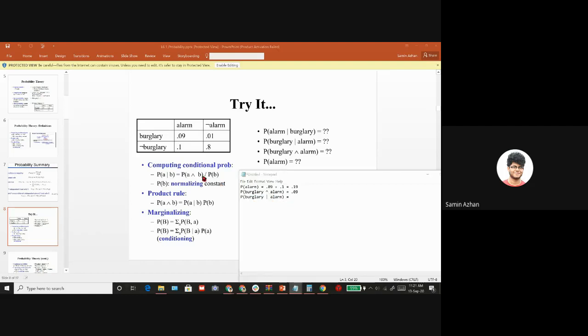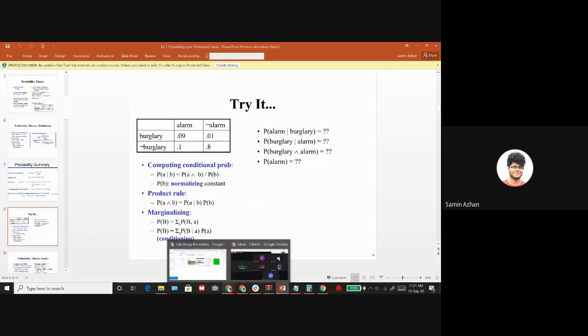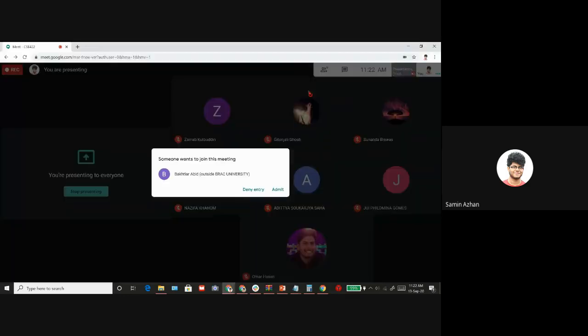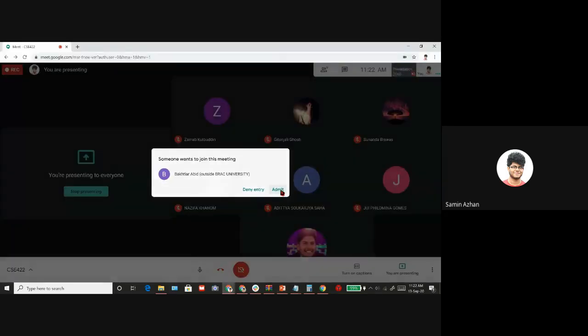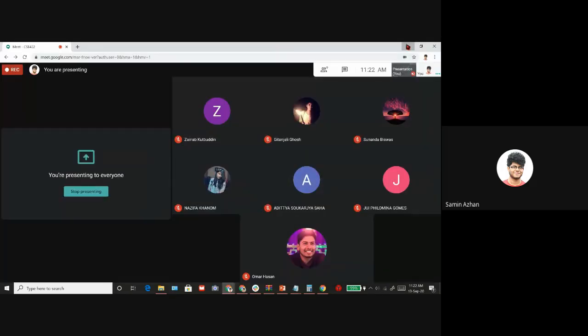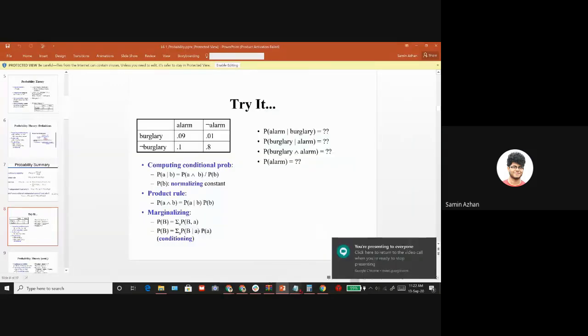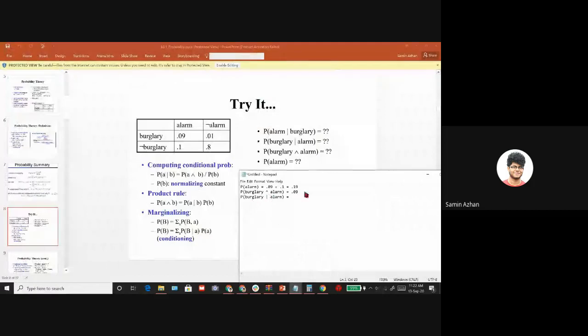The first thing I need to do is calculate the probability of burglary and alarm. We did that in the previous step. The probability of burglary and alarm equals 0.09, or we could see it directly in the table. Burglary and alarm is 0.09.